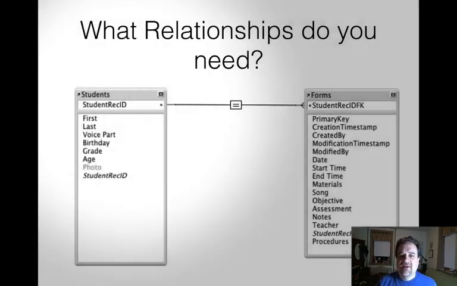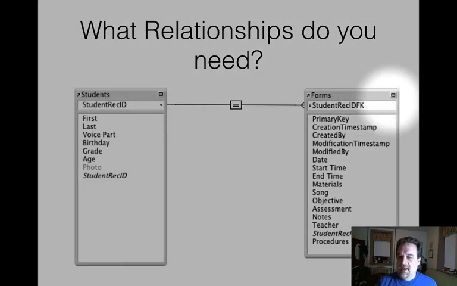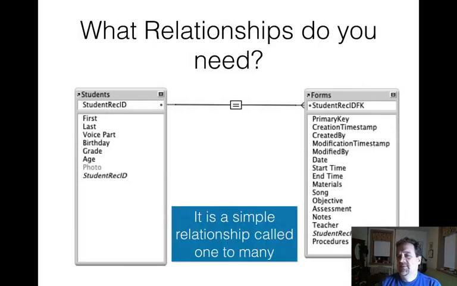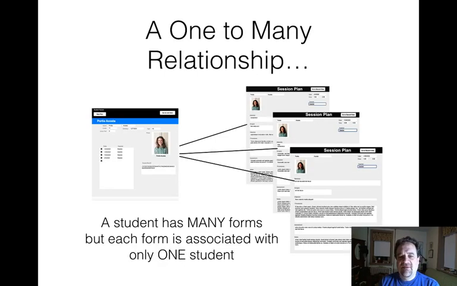So we have the student record ID here, and the student record ID FK, that foreign key over here in the form section, so we can keep an idea of what that relationship looks like. So it's a really simple relationship called one to many, one student to many forms, right? As we see in this example on the left-hand side, we have Portia Acosta, her one record, but she could have many session plans, really an unlimited number of session plans.